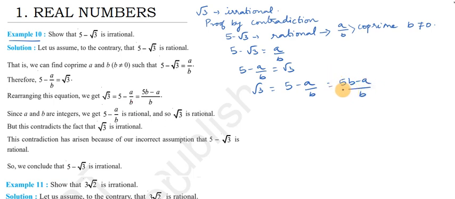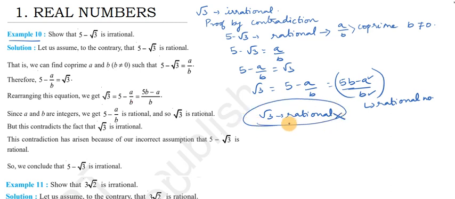From this we can say that if a and b are integers, then this term 5b minus a by b will also be a rational number. If this is rational, then root 3 is also rational, which is not true, because we already proved that root 3 is not rational.